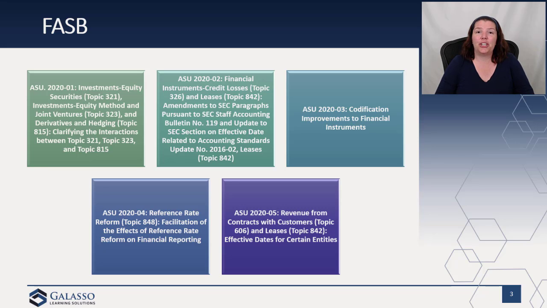Probably the biggest standard for most entities is going to be ASU 2020-04, which is reference rate reform. With LIBOR going away sometime this year in 2021, they are offering a set of practical expedients as well as some exceptions to normal GAAP on the treatment of different instruments that are impacted.